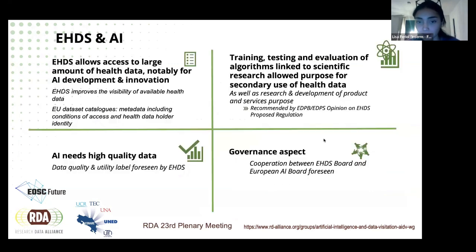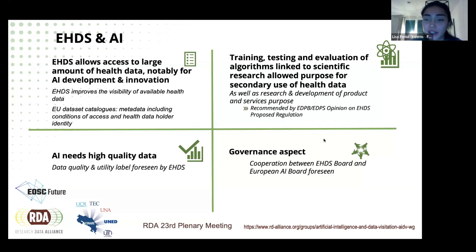Next slide, please. So on the contribution of the EHDS to the development of artificial intelligence systems, the EHDS provides access to large quantities of data, improving the visibility of available data. And a data quality and utility label will be included in the EHDS for training, to ensure the quality of the data used.